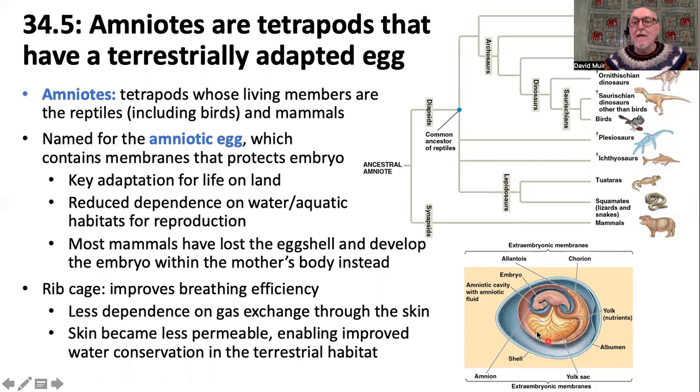So what this is doing is it's creating an aquatic environment inside, and this amniotic egg is usually protected by a set of other membranes and often a shell. And the egg is specifically designed to allow passage of oxygen and the expulsion of carbon dioxide, but it restricts the loss of water, so that it resists drying out. And this meant that the egg could be laid up on land.